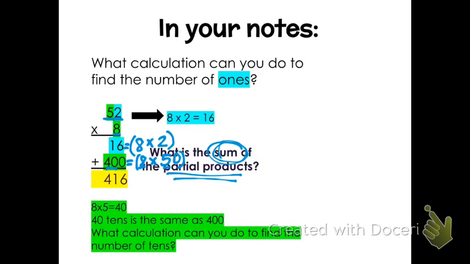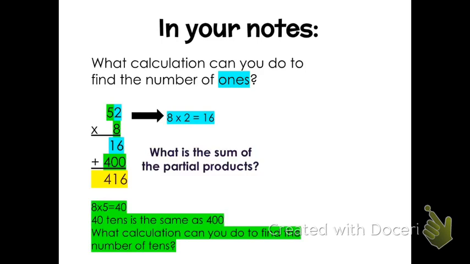40 tens would be the same as 400, so we're also looking to do another calculation in order to solve this problem. We'll be using standard algorithm. Again, this method right here in front of you is what we refer to as the expanded algorithm.